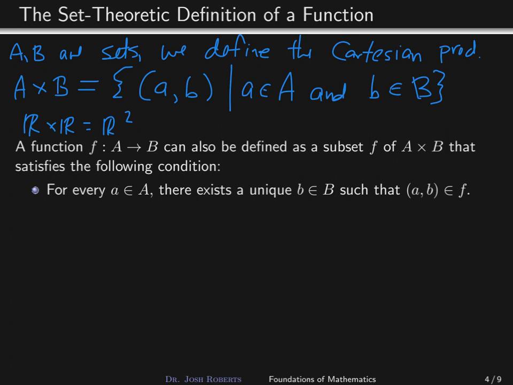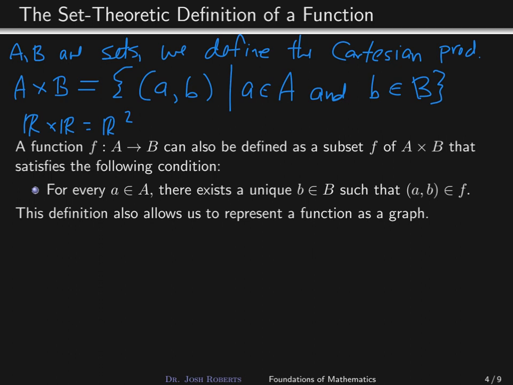Okay. So a function from A to B is a subset of A cross B that satisfies the following condition. For every element of A, that is every element in the domain, there is a unique element in the codomain such that the ordered pair A comma B is an element of F.